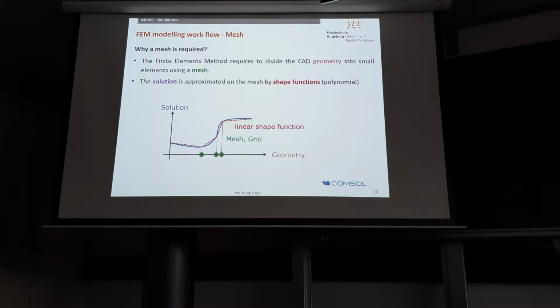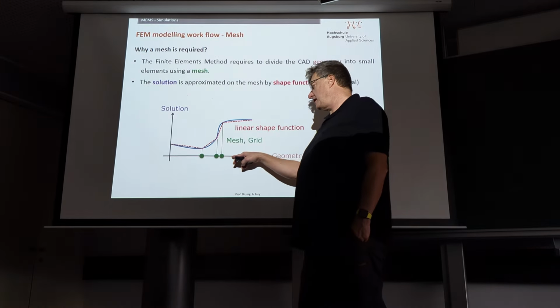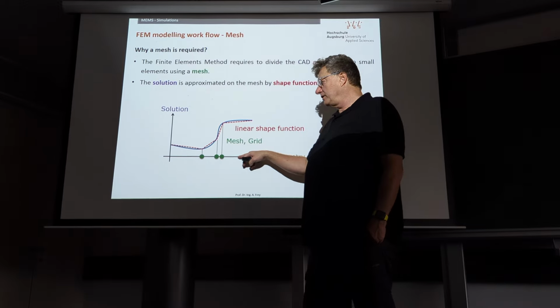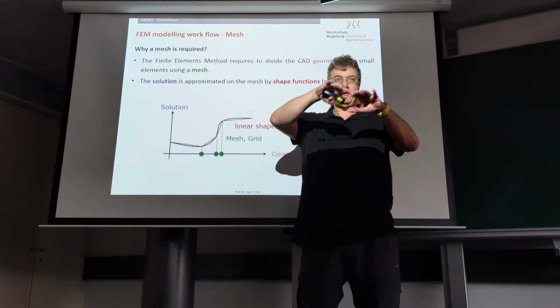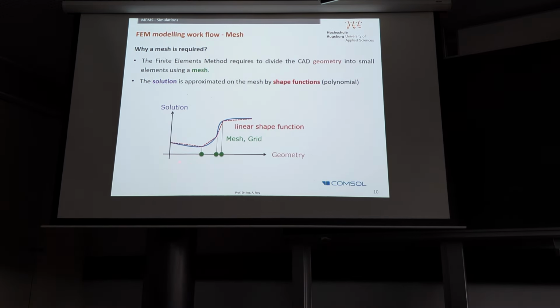We discussed it already, why a mesh is required. I explained it with the very simple situation of having a 1D geometry. In general you have 3D, but to explain things we use this line here to be a geometry, maybe a wire transporting current or a rod in which you are interested about temperature, transportation, heat flow.